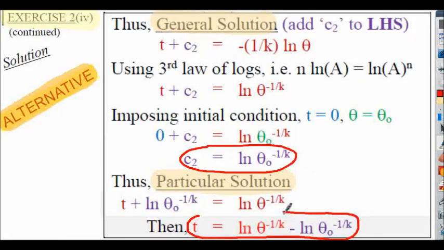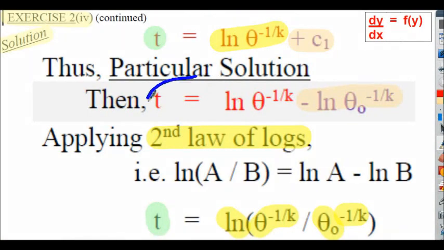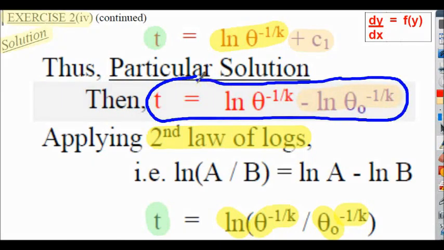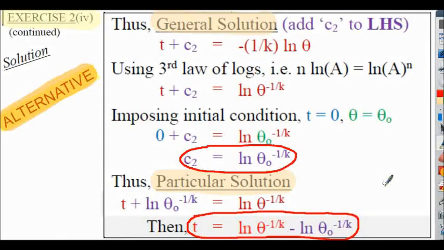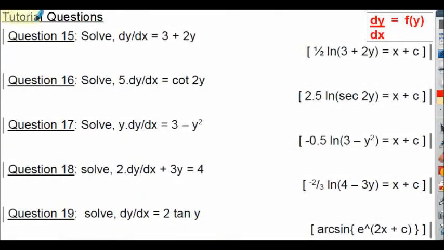So this is the particular solution, the constant C2 on the left hand side, and here's the particular solution with constant C1 added to the right hand side. As you can see, they're exactly the same solution. So as I say, it doesn't matter which side you add the constant of integration, you end up with the same solution.